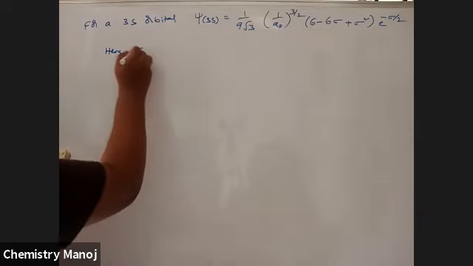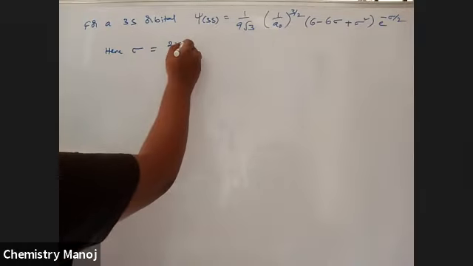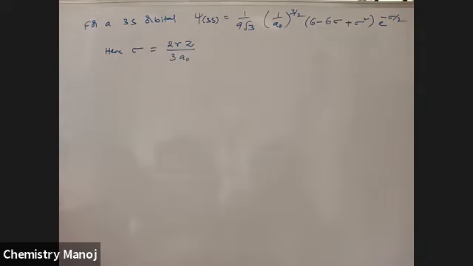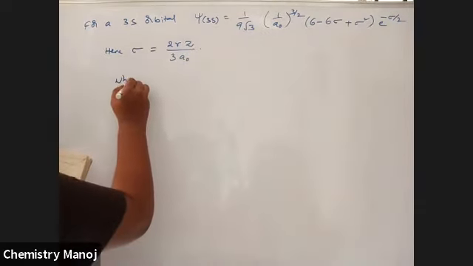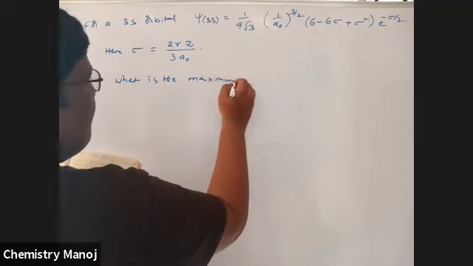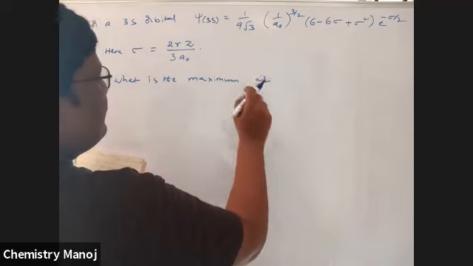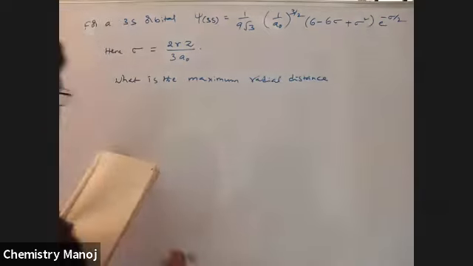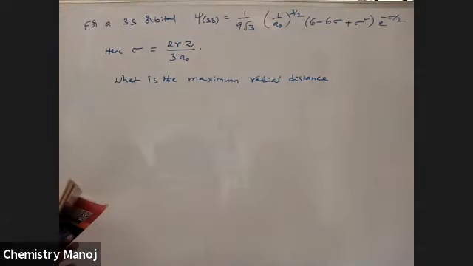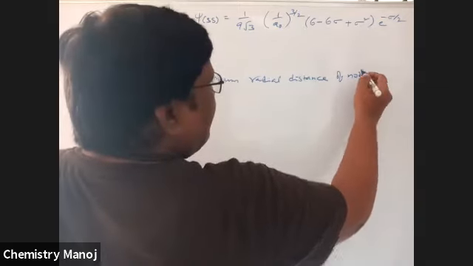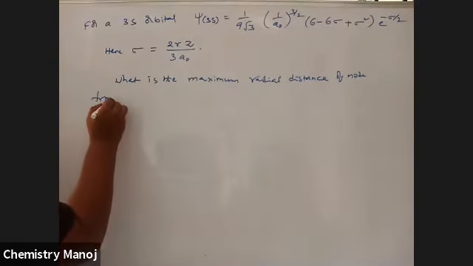Here, sigma is equal to 2rZ by 3a naught. What is the maximum radial distance of node from the nucleus?